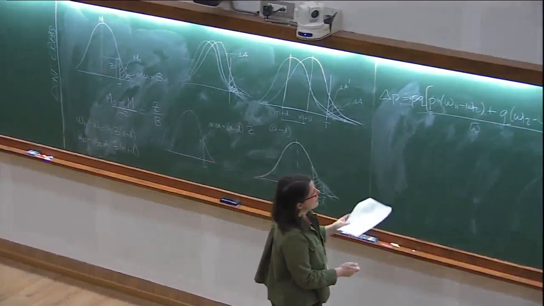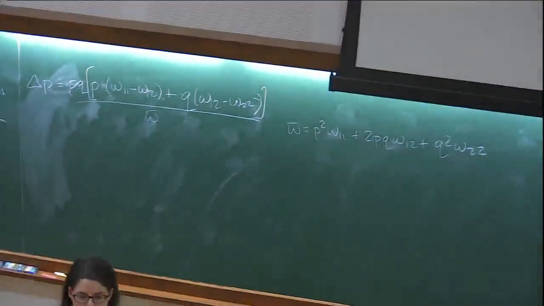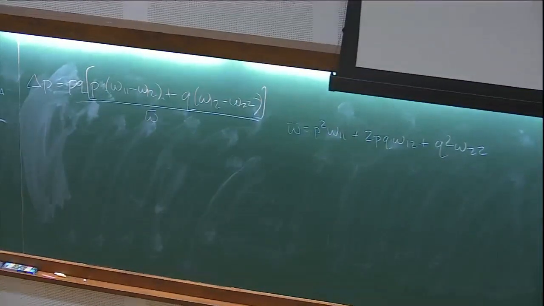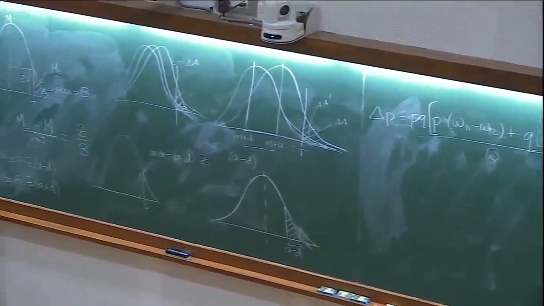What about W bar? Well, there's a few different ways to find W bar, but W bar is the mean fitness of the population. Fitness here, we're just defining it as reproduction, right? Who gets to breed. So W bar is just the proportion of individuals that get to breed. That's the mean fitness.